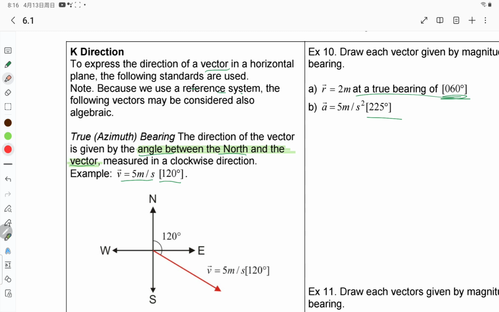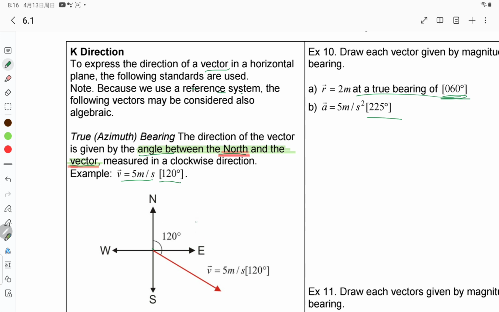Yeah, between the north. So we're always starting from the north, and then see the angle where the vector is, and then we just draw down.